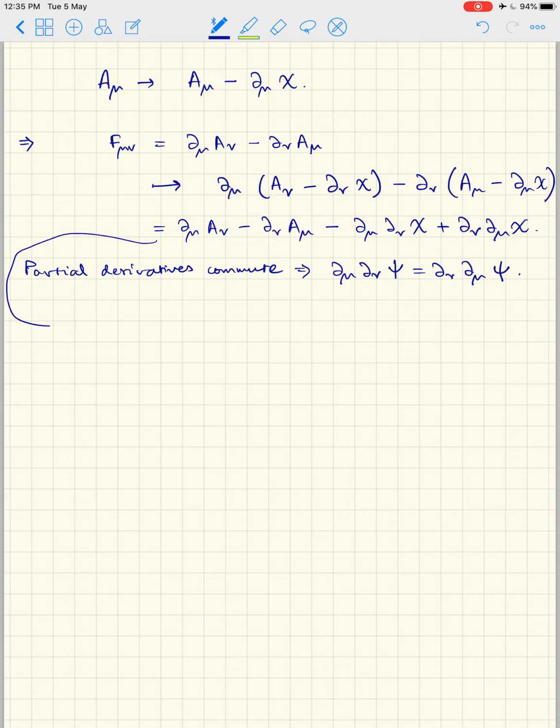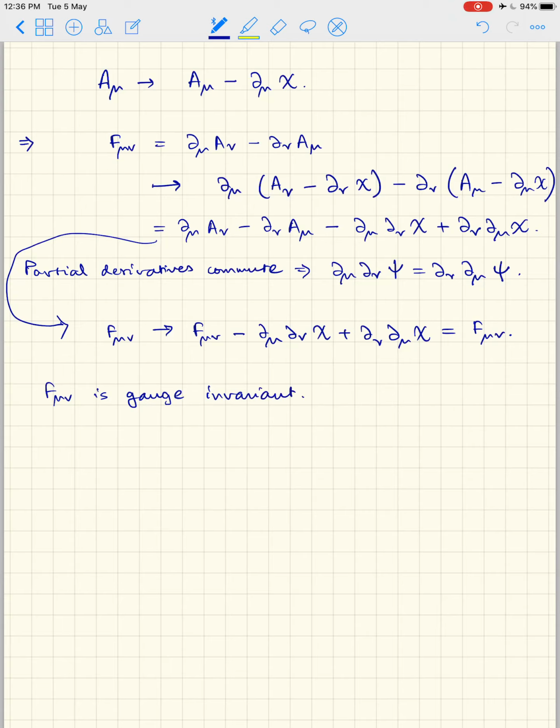So under gauge transformations, F mu nu will go to F mu nu plus the two chi terms, which cancel, leaving just F mu nu. So F mu nu is gauge invariant.